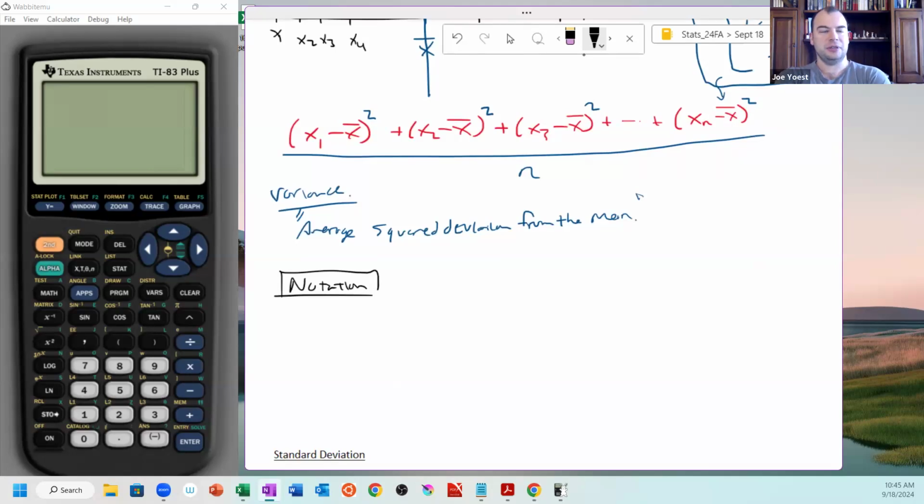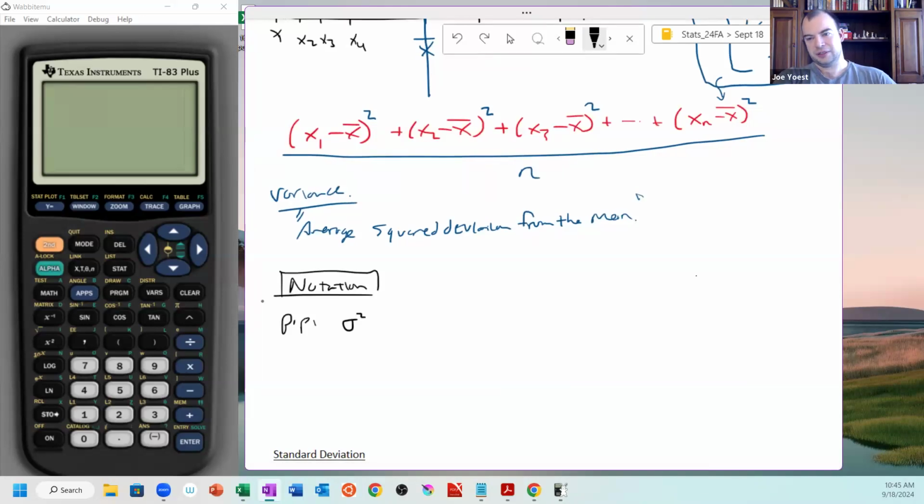So just like the mean, it has a population notation. Its population notation looks like this. Importantly, this is a notation. It's not a set of mathematical symbols. This set of pixels on the screen is a notation.